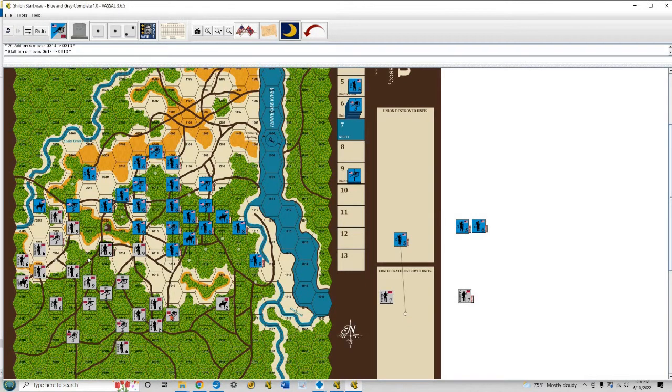Nine and 6. We can fire on that guy. Move that guy into position here. Can we take out that?